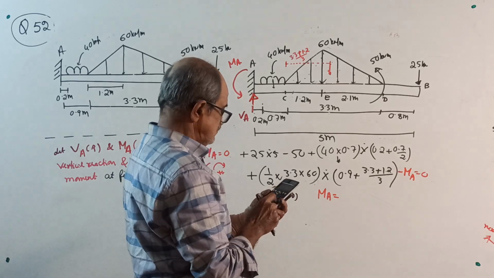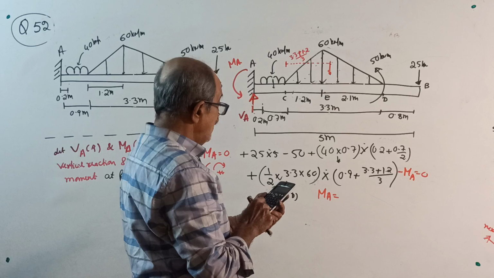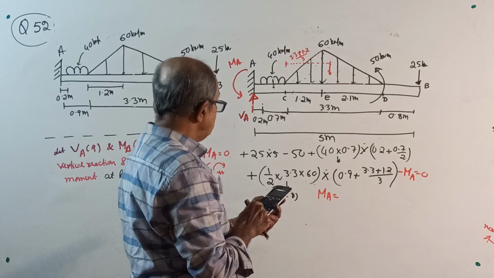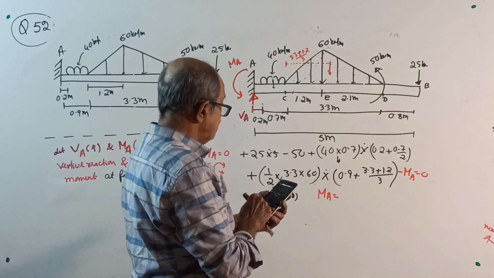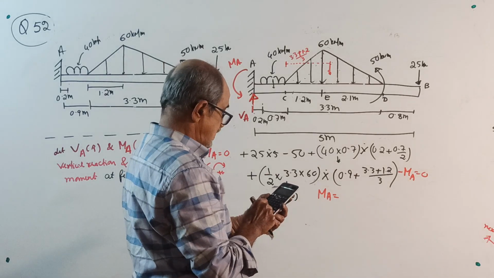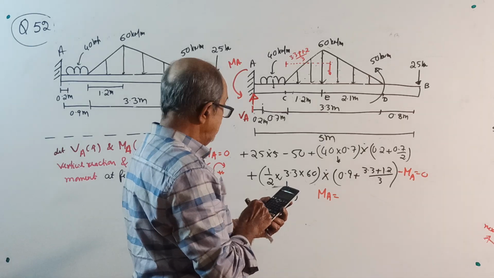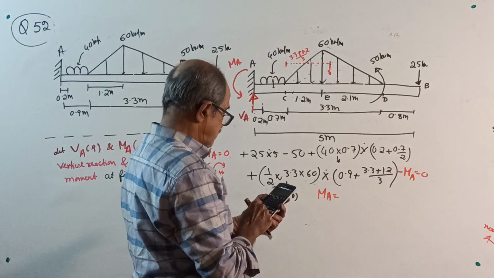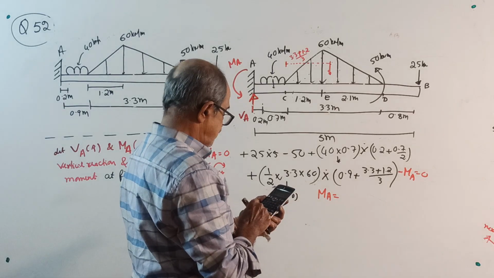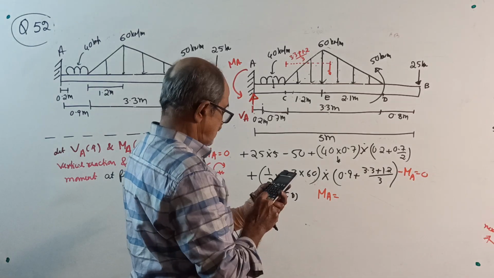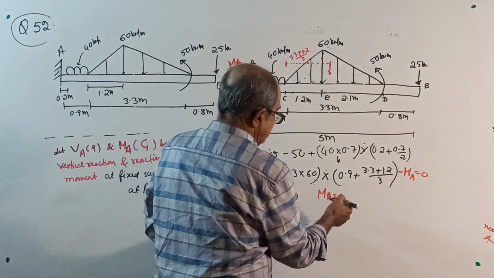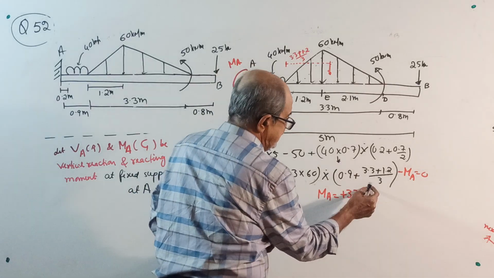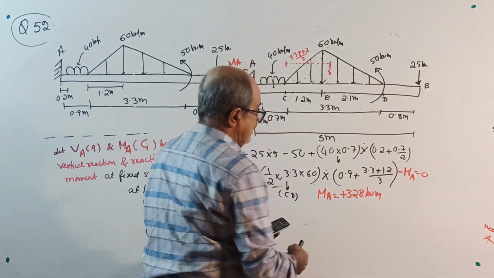I'll get 1.5 plus 0.9 into half into 3.3 into 60 is this moment over, plus 40 into 0.7 into bracket 0.2 plus 0.35 minus 50 plus 25 into 5. 328 kilonewton meter. I'll check the answer once again.